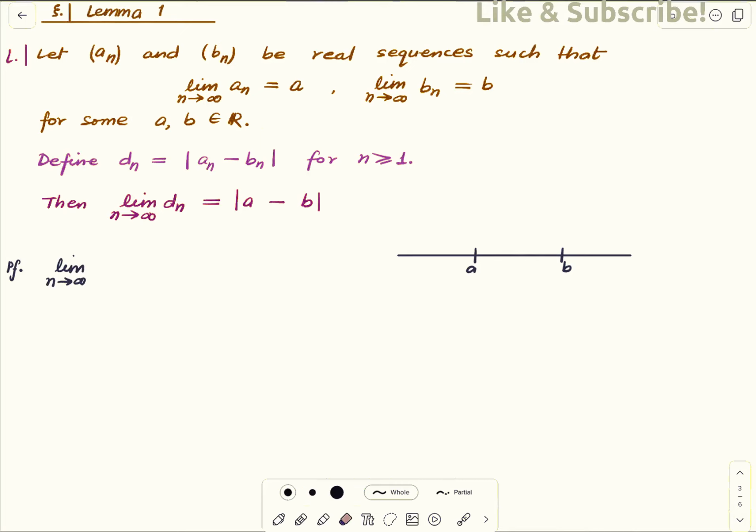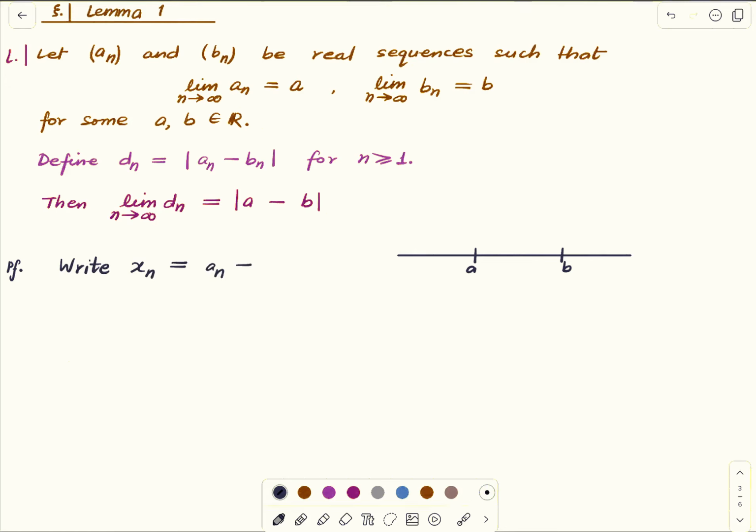or maybe to elaborate on it a little bit, write x_n as this thing, a_n minus b_n. Then we know x_n is convergent because of the algebra of convergence. And now the limit of the absolute value of x_n, which is d_n by definition, is, by the star marked problem, equal to the absolute value of the limit of x_n.